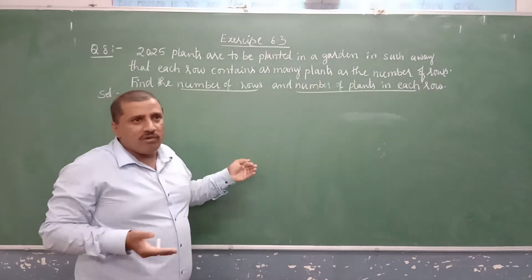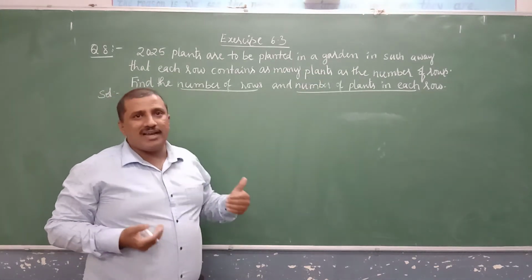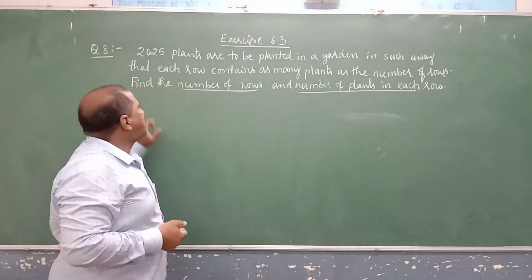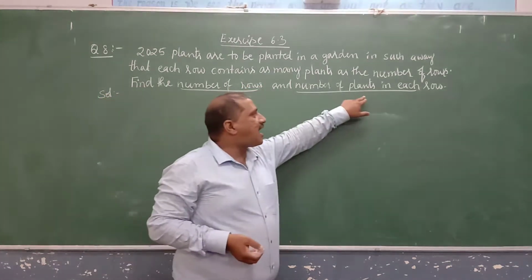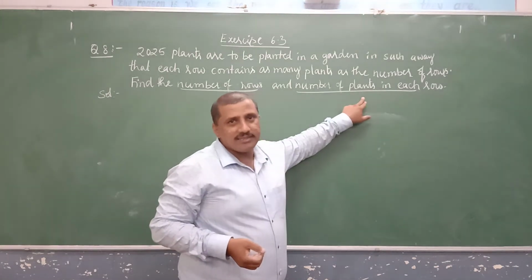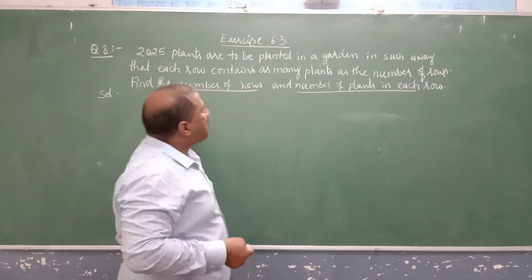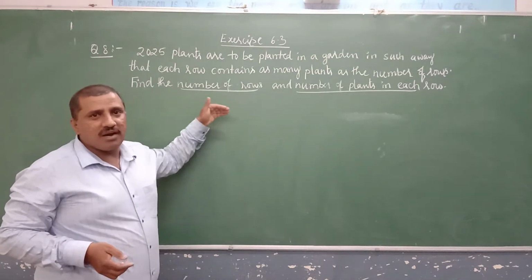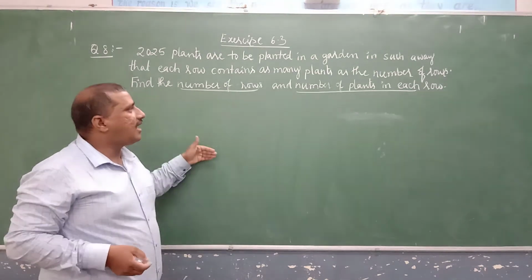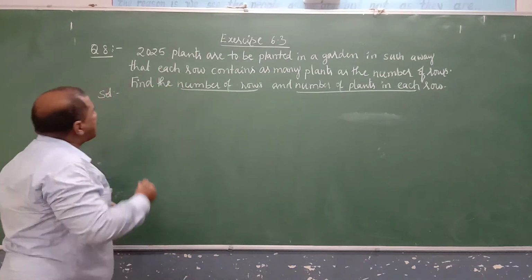As we don't know, we will represent it with a variable. Let that variable be x. Let the number of rows in the garden be x and the number of plants in each row also be x. So the total number of plants in the garden is equal to number of rows into number of plants, that is x into x. Now write step by step.